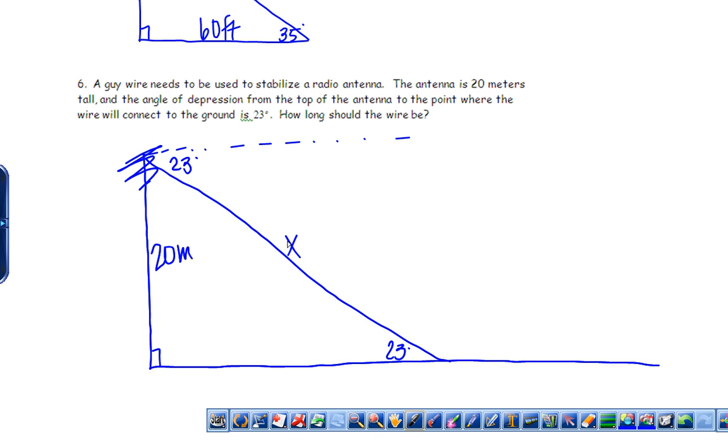If we want to know how long the wire is, you can ignore this 23 if you wanted to, or you could subtract from 90 and find this angle. I'm going to use opposite over hypotenuse, so I'm going to use sine of 23 degrees is opposite over hypotenuse. Solving for x, I got the wire is 51.186 meters long.